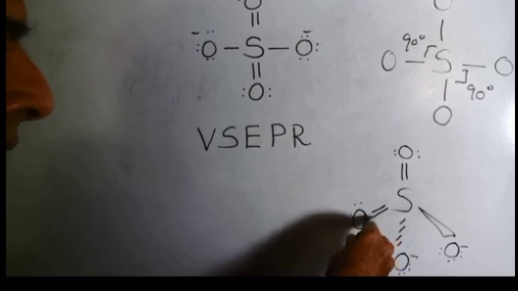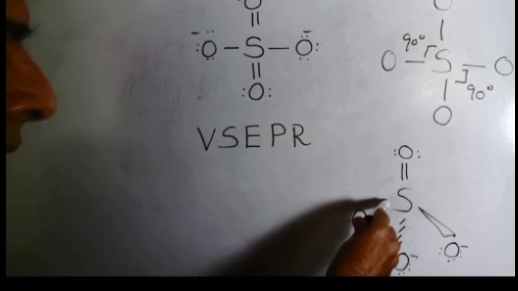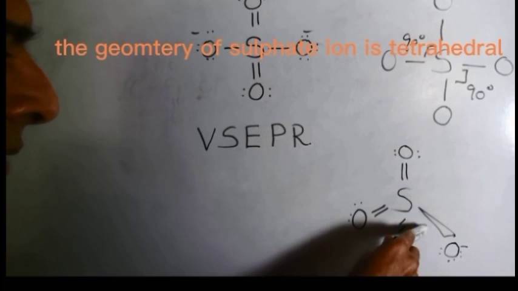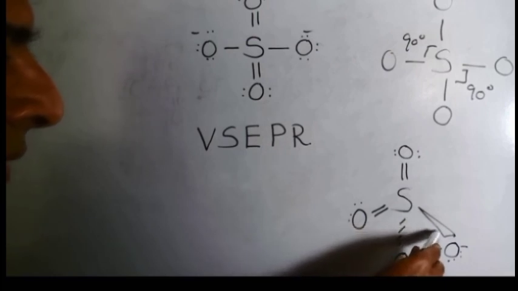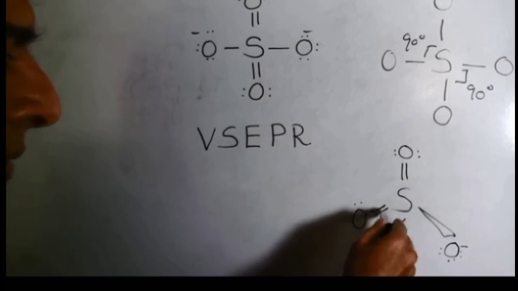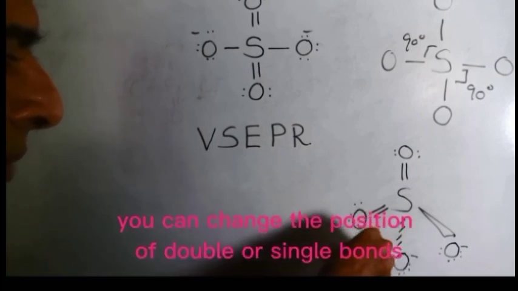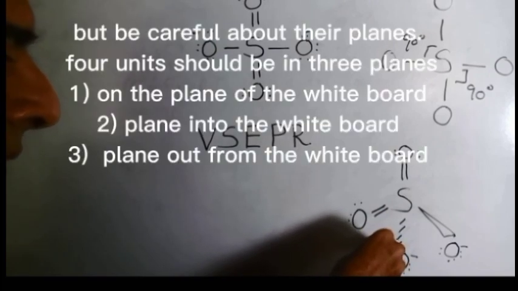So I included two double bonds in the plane of the whiteboard, and of the other single bonds, one is below the plane of the whiteboard and one is above the plane of the whiteboard. So there is no strict rule that it should be this way. You can draw that in either way. You can interchange or mix. Double bond can come to any place as seen down here.